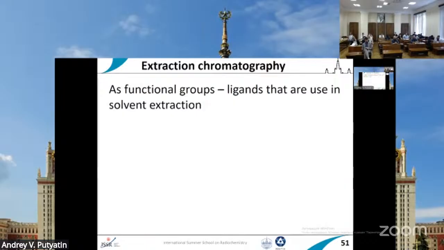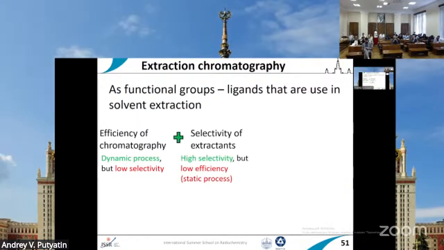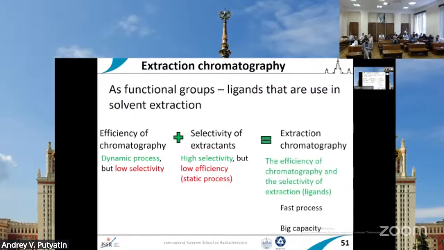The combination of liquid extraction and chromatography is so-called extraction chromatography. In this case, it is the same process as chromatography, a dynamic process with multiple repetitions. But we can use selective extractants, so we increase the selectivity of our separation.